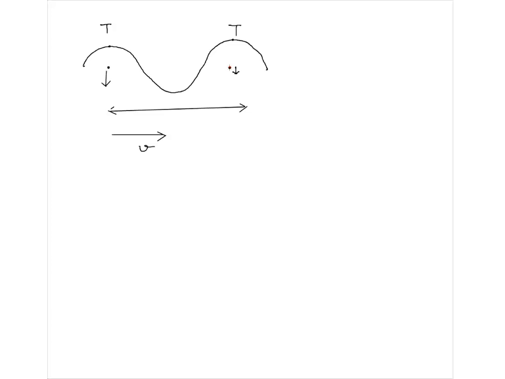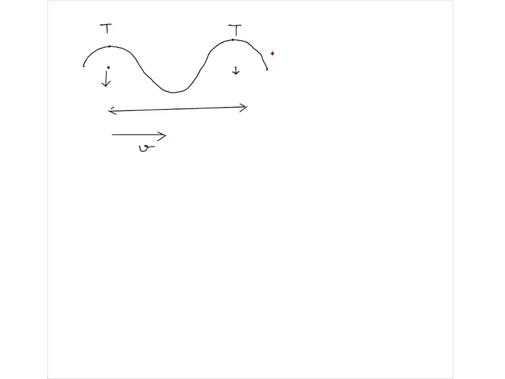I repeat, the time it took to perform a complete cycle, exactly in the same time wave reached here. If the timings are not the same, then these two cannot be in synchronization. This is the thing which connects two things that are happening, the particle motion and the wave progression.